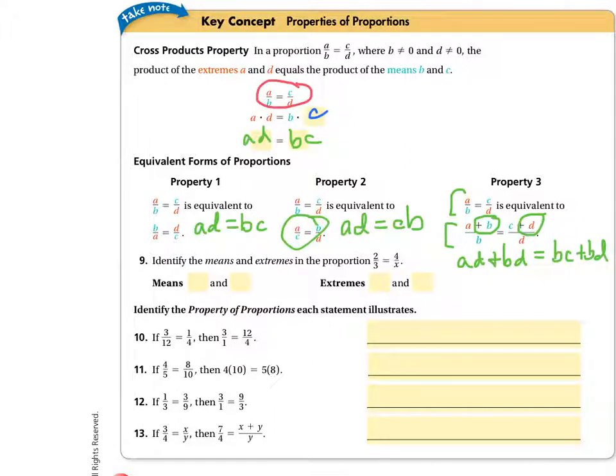What's the same on both sides? BD. And so if I subtracted out a BD, won't you be left with AD is equal to BC, which is the same as CB?